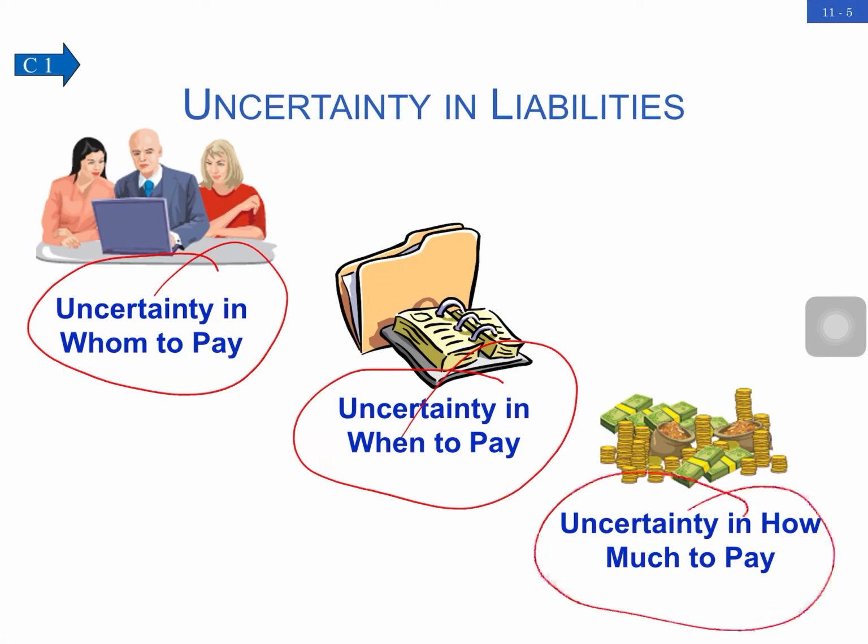We have to know the amount of our debt. This one to whom, this one how much, this one the date. This is the uncertainties. So if you want to have certain information about liabilities, then these three things have to be fulfilled.